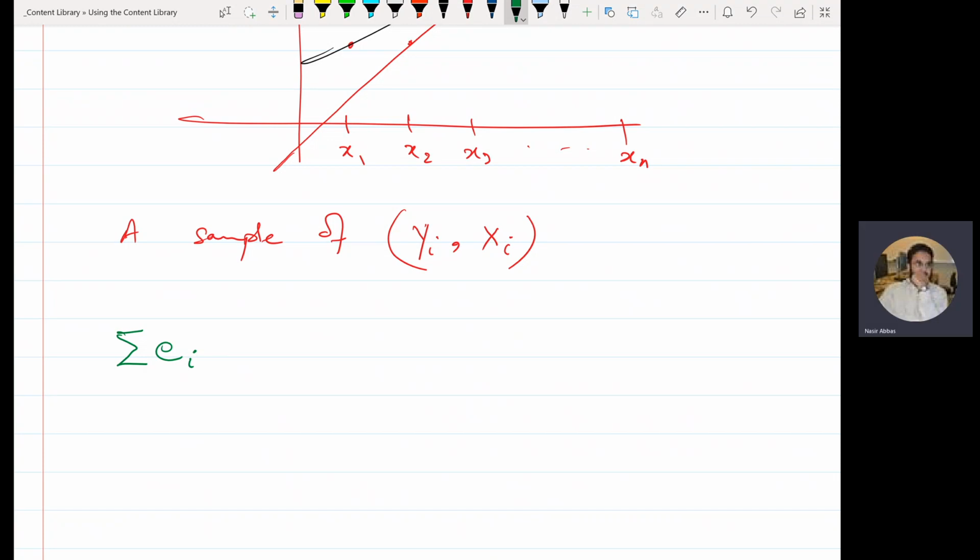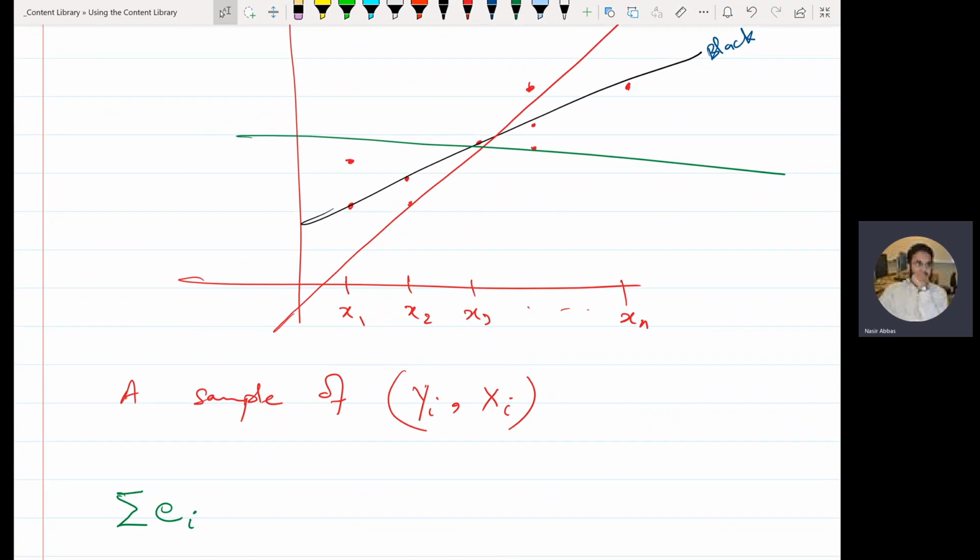The problem is some of the errors come positive, some of them come negative, and the sum becomes 0, and it doesn't tell you the real picture. In all the 3 lines that you see, the sum of errors will be almost 0. So all the 3 lines are minimizing summation e_i. This is not telling you the true picture.